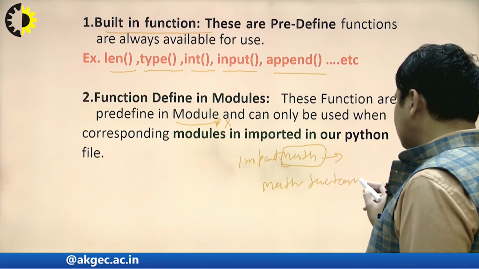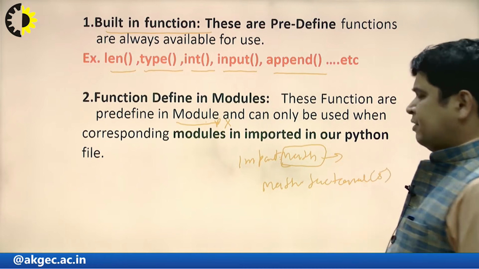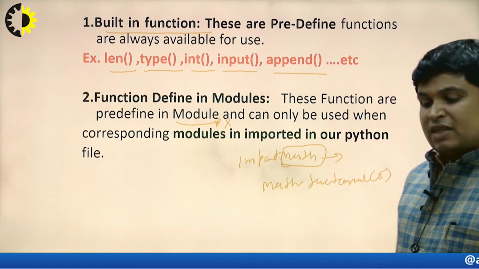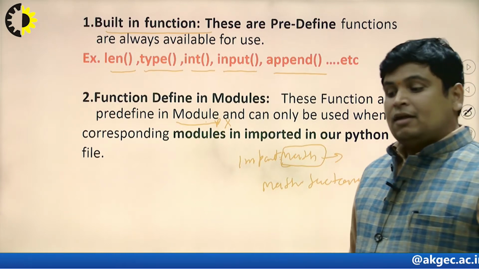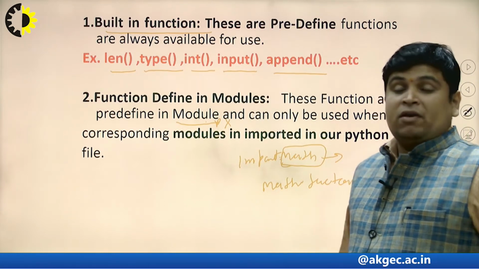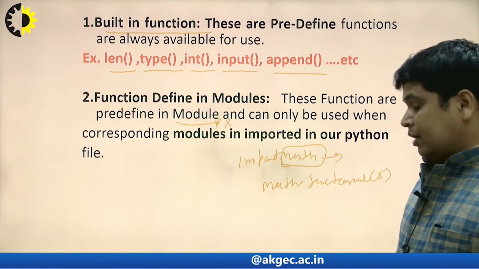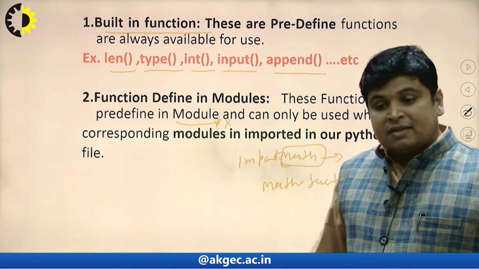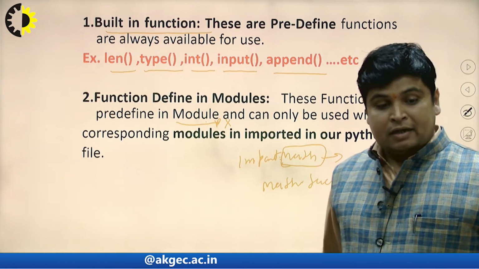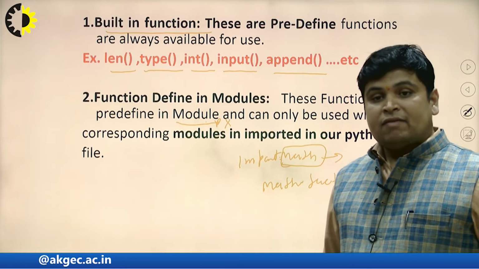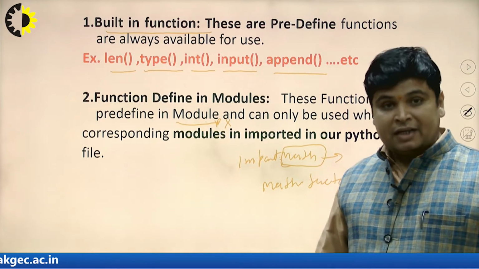So now I call this function, math.factorial(5). There are a lot of predefined modules available for specific purposes, like for plotting graphs we have a module called matplotlib. For scientific calculation we have numpy, and pandas is available for big data processing.